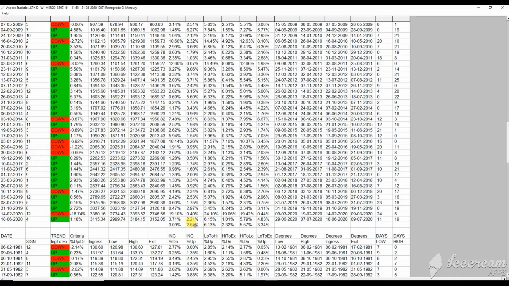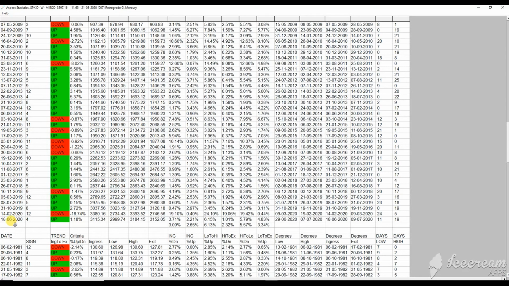And if the high is made before and then it starts dropping, or the high is made and from the high to when the Mercury retrograde ends, so high to exit, what happens? So that also gives you a broader understanding of what the market is going to do in those 3 weeks' time.